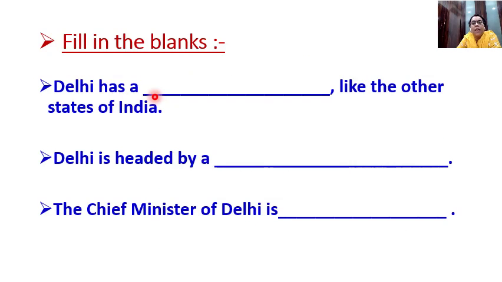Delhi has a dash like the other states of India. It has a legislative assembly, an assembly that has power to make laws.